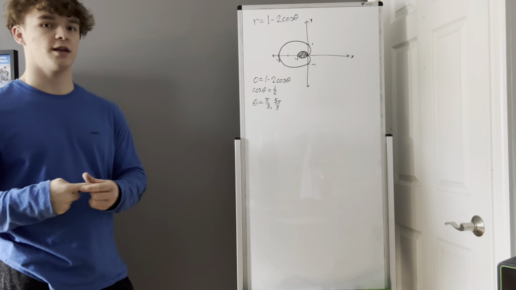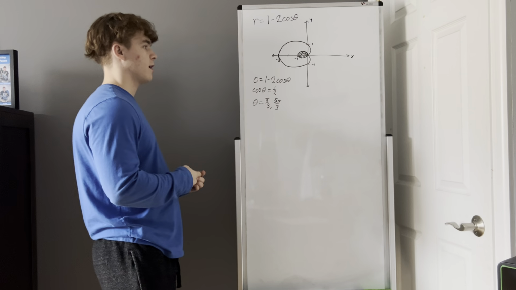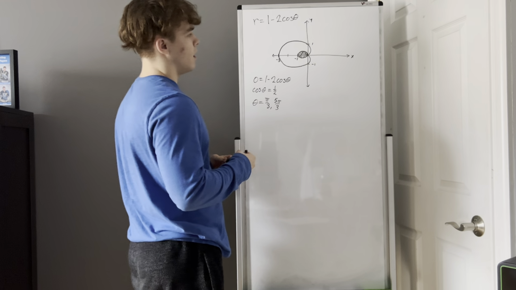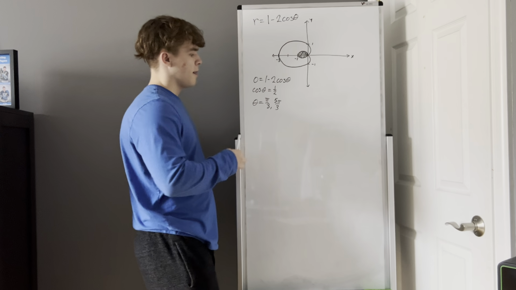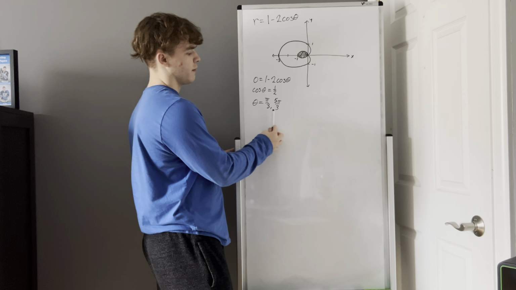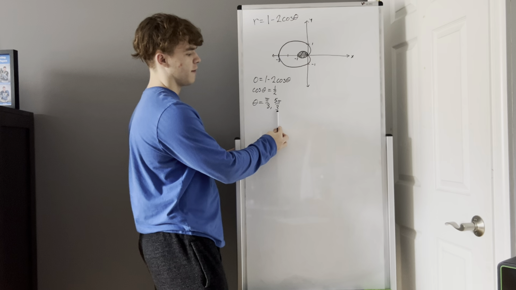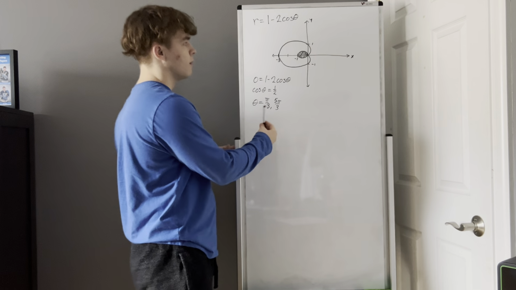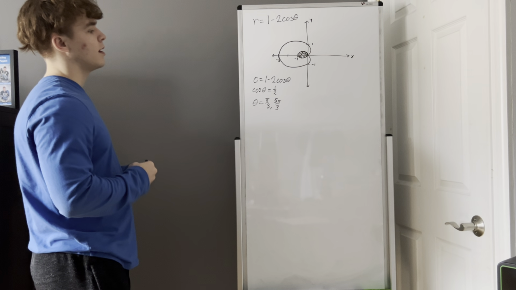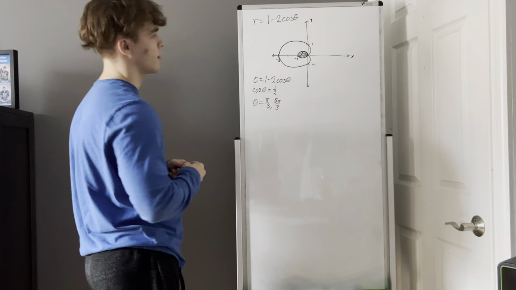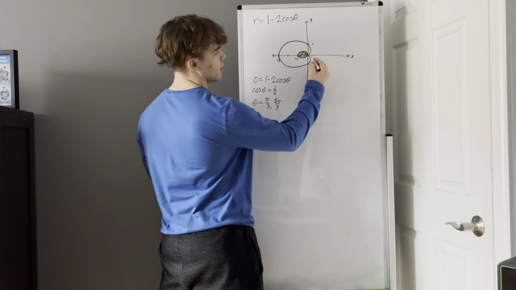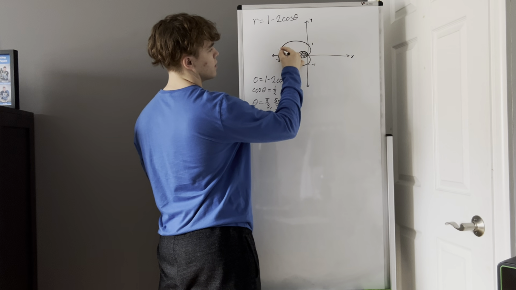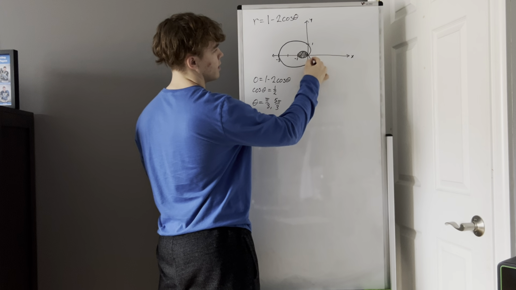But, once again, we have to ask ourselves the question. Are we going from pi over 3 to 5 pi over 3? Or are we going from 5 pi over 3 to pi over 3? Well, here's the thing. Remember when we graphed our graph, we went like this. Out, out, and then back in.